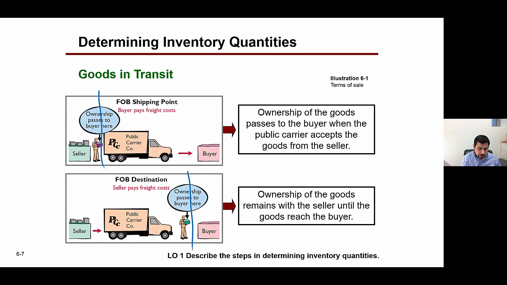But if the terms of sale are FOB destination, it means that the seller will pay for the shipping, and it's only when the products are delivered to the buyer that ownership passes to the buyer. So when it is FOB shipping point, it will be recorded in the buyer's inventory. When it is FOB destination, it will be added to the seller's inventory.